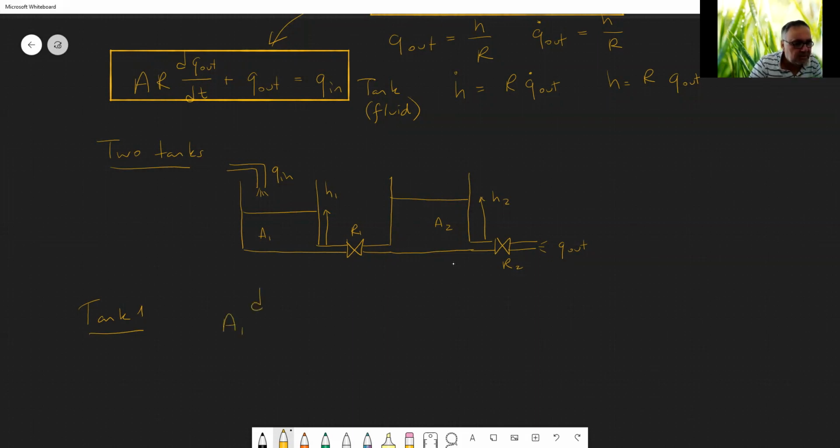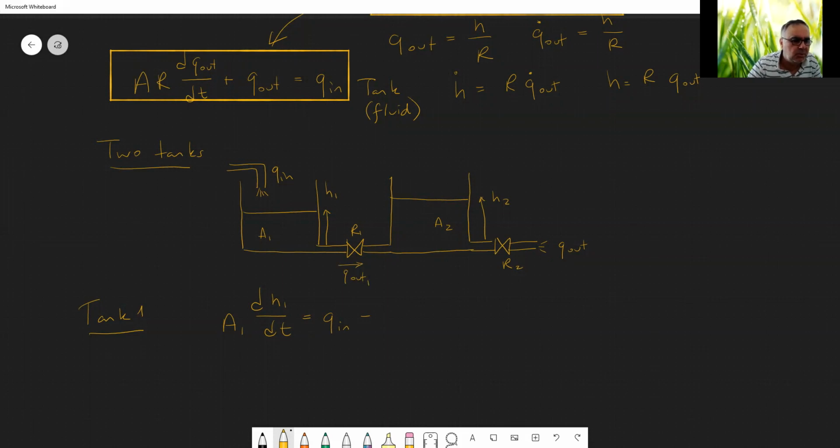A1 times dH1 dt will be equal to input flow minus the output flow. Output flow is what? This is Q out 1.